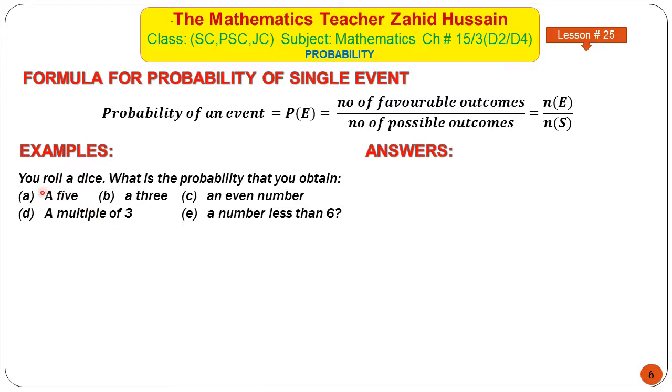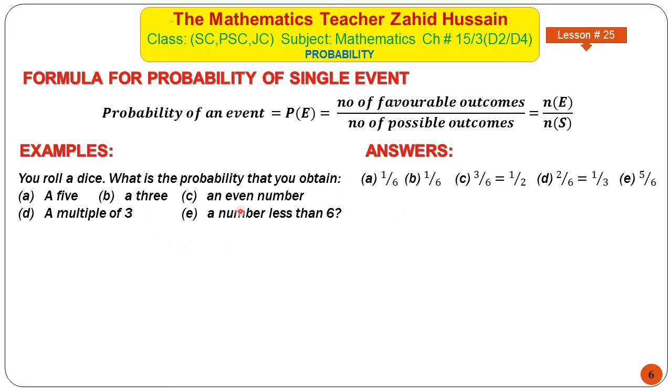6. How many times can a 5 occur? Because there is only one 5 in the die, therefore its probability is 1 and total numbers is 6, so 1 by 6. Or 3 is also 1, so 1 by 6. And even number, so there are 3 even numbers in a die, 2, 4, 6, so its number is 3 divided by 6, number of event divided by number of sample space is equal to 1 by 2.